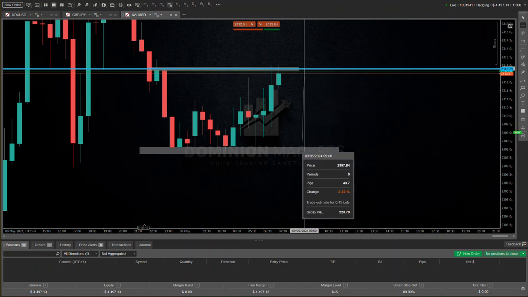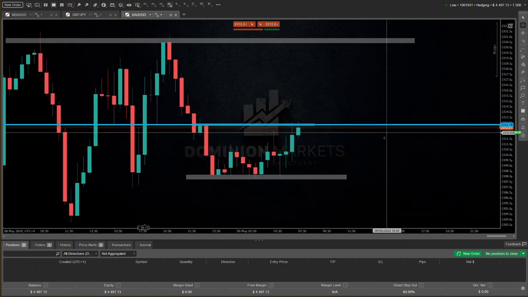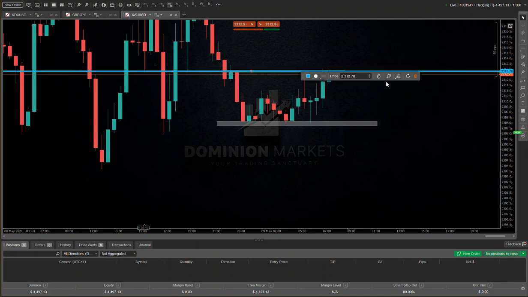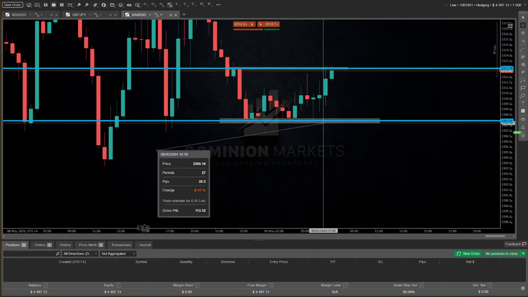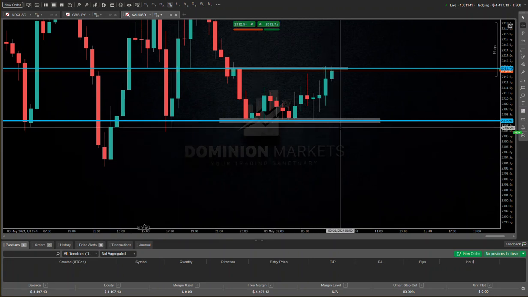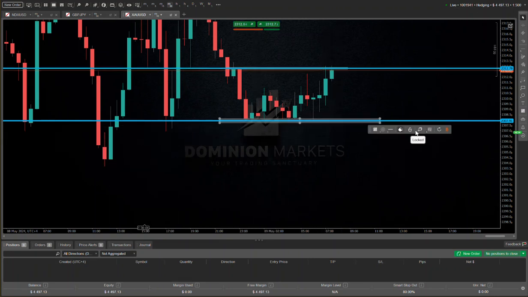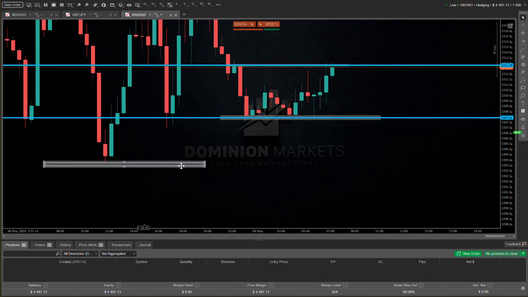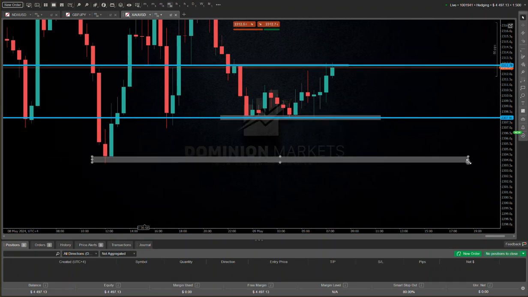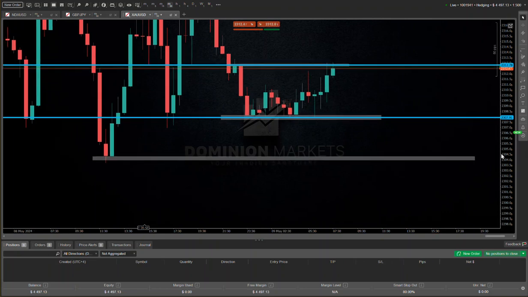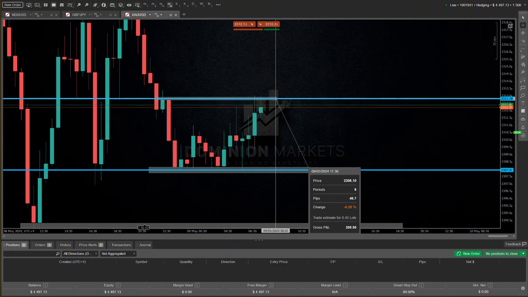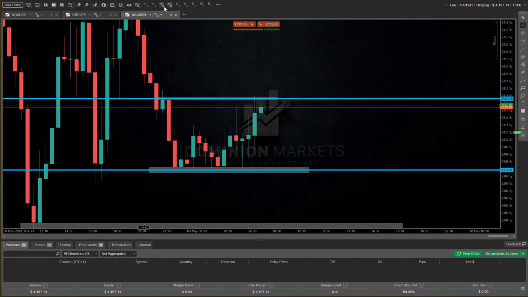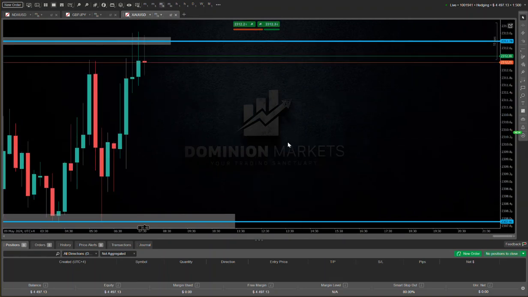This is a 50 pip range, and below the support, the next support is 36 pips away. So maybe that could be an area of interest. We're going to keep that in the back of our mind. But this range, I'm trying to stay away from this range. I don't want to look at the 15-minute, but let's take a look at this right here.